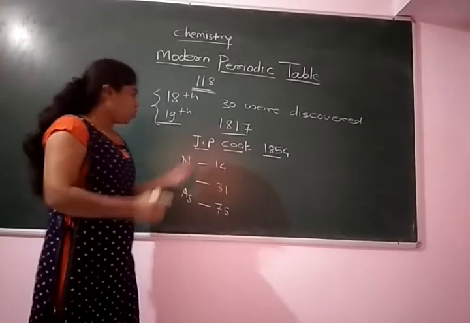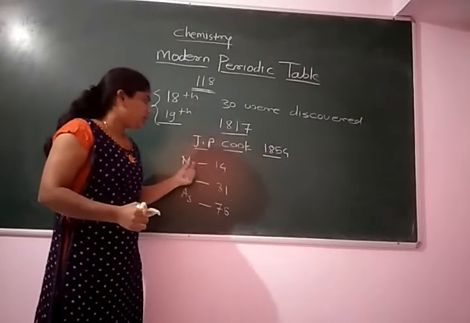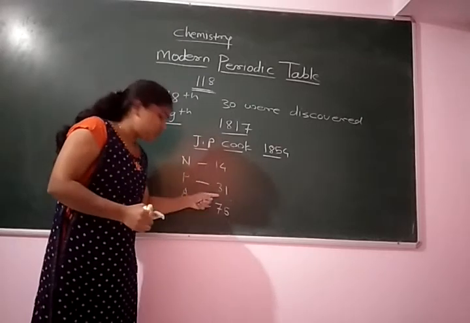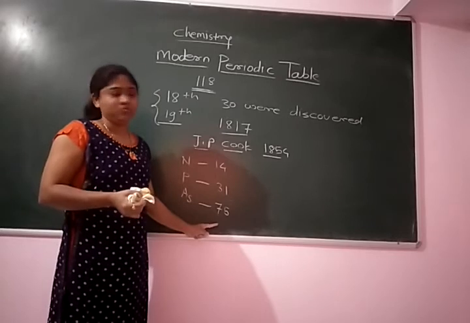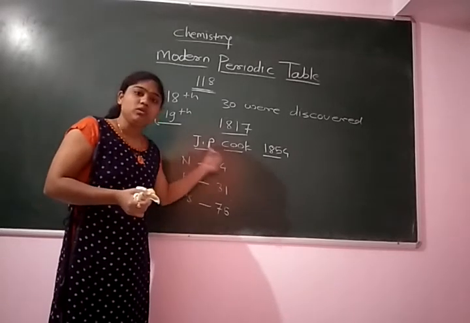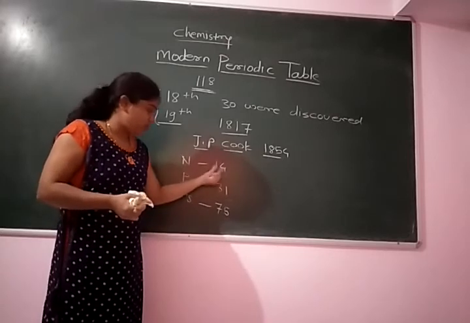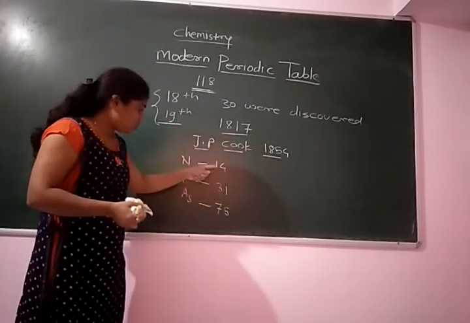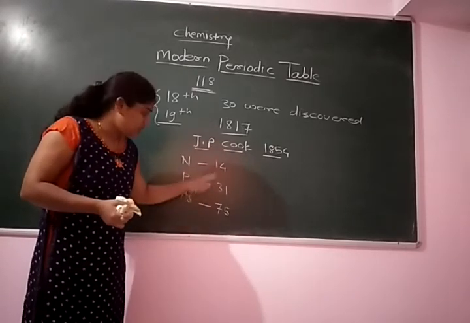So J.P. Cook, in 1854, arranged the elements in a homologous series of increasing order of their atomic weights.